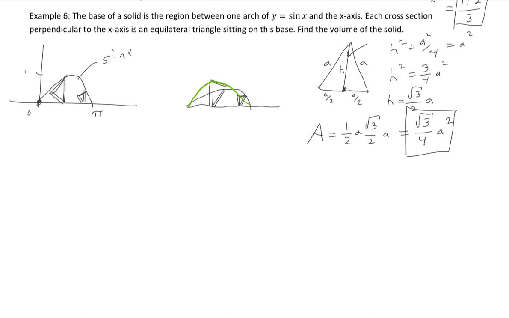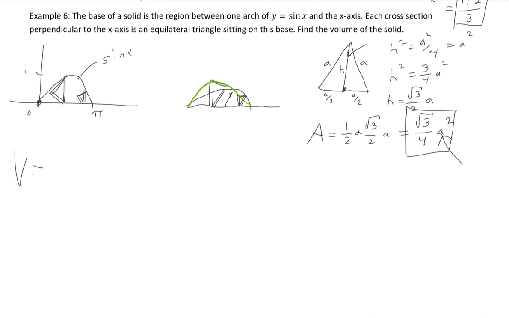All right, well, if that's the formula for the area of an equilateral triangle, and a is going to be the side length, where the side length is defined by however far this curve is, then that means that I can solve for that using volume.